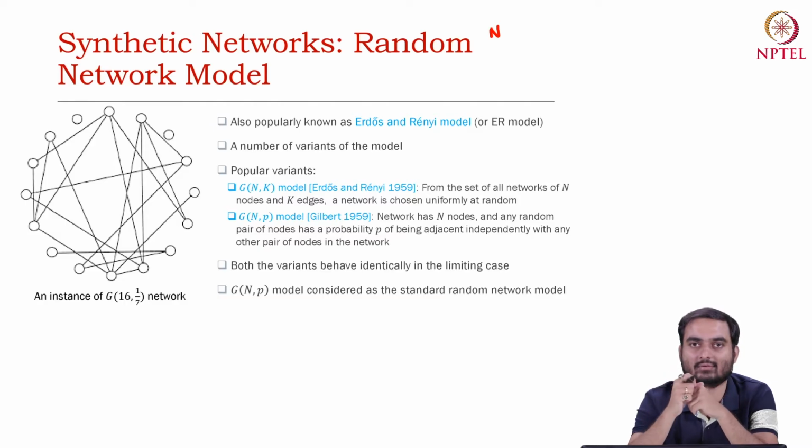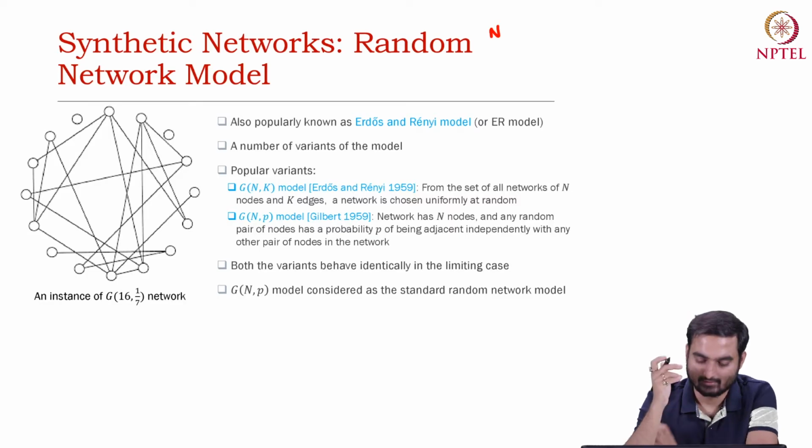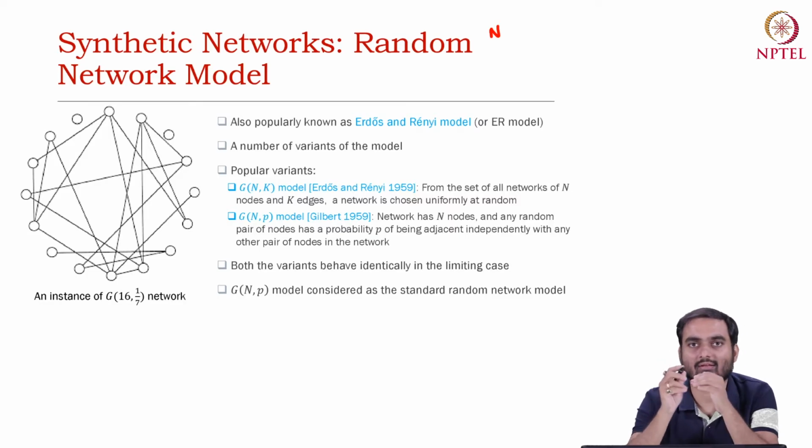If the outcome is head, we connect the pair of nodes, otherwise we do not connect. That is a very simple idea of connecting pairs of nodes, but it turned out to be effective at least in satisfying some of the properties that real world networks exhibit.